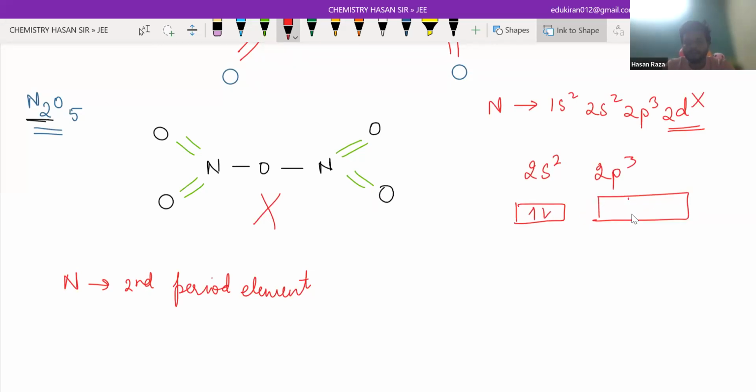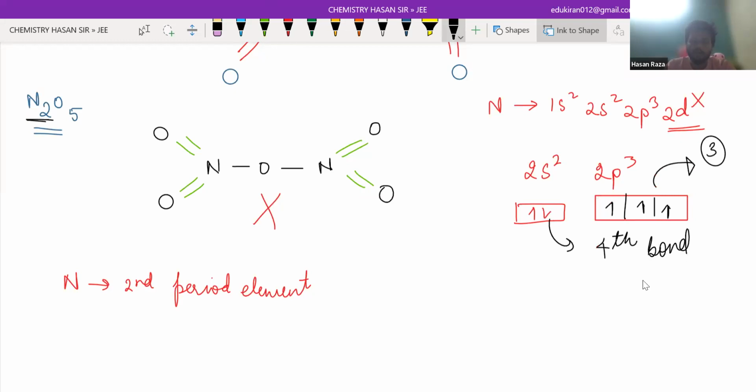It will be like this. Now you can see it has 3 unpaired electrons. So nitrogen can easily make 3 bonds, and the 4th bond, as I discussed in the previous class, will be a coordinate bond.